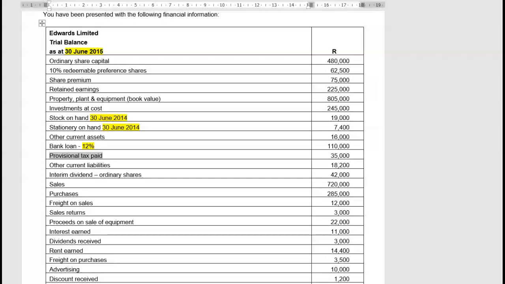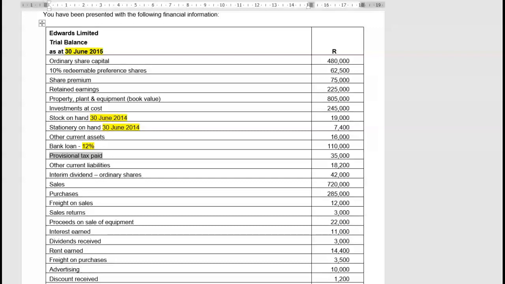Let's assume the amount of tax they have calculated is 100,000 Rand, the estimated tax they have to pay on their profits for the year. They are going to divide that by 2 now, because only 6 months has gone past in the current financial year. Now, 50% of the 100,000, which they have calculated the total tax liability of the year to be, is going to be paid now at 30 June of that same year.